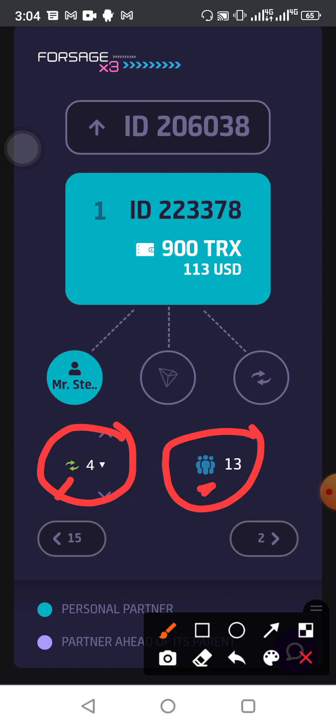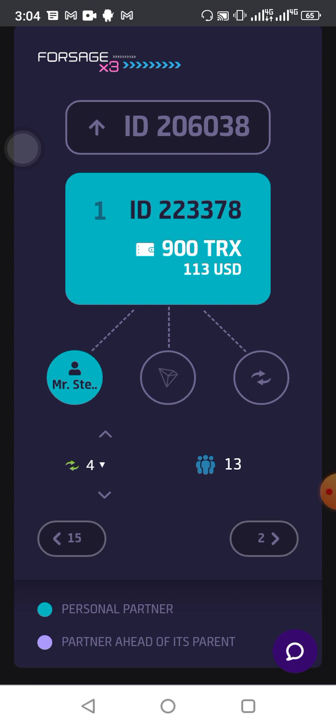But for now, just know that the Forsage system keeps a count of the number of cycles you have made. So this particular account has made 4 cycles and is on its 5th cycle. Once the whole slot is filled and the person enters the 6th cycle, this is going to increase by 1.